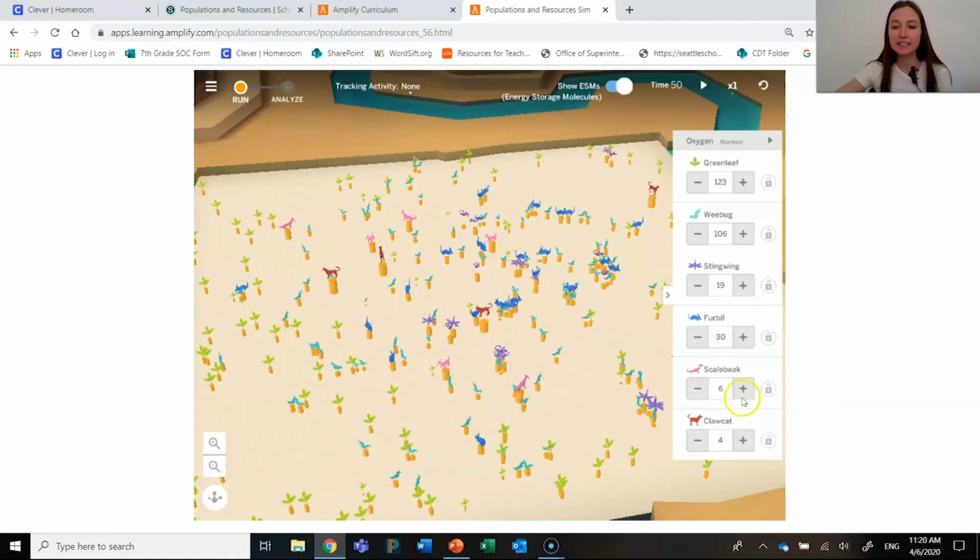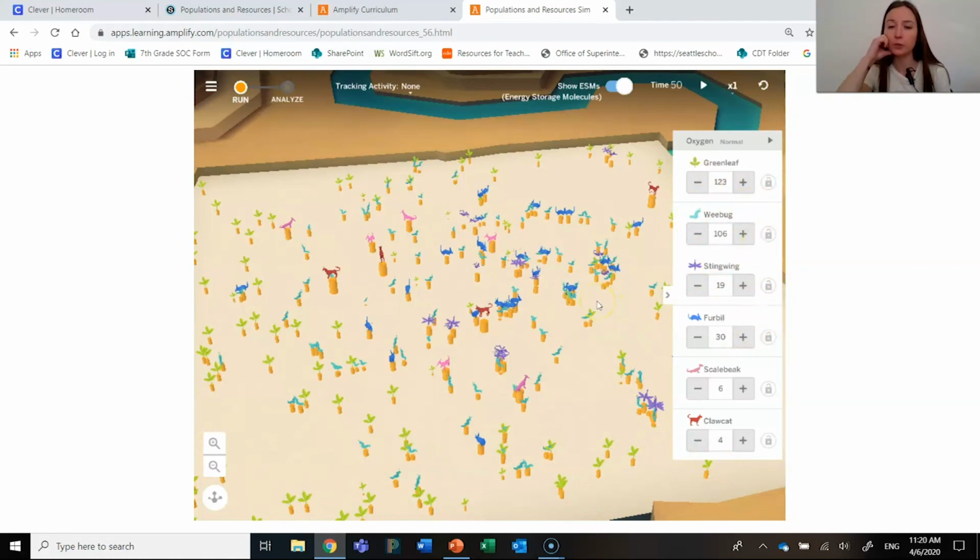So we need to think of another way because we don't really have something we can do to their consumer population. So I am going to try and affect one of these other populations.